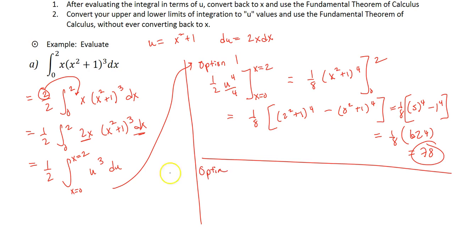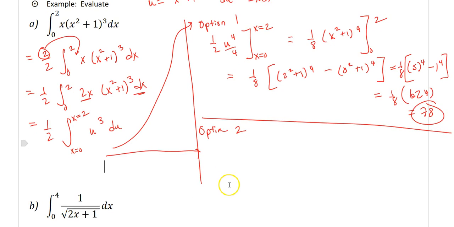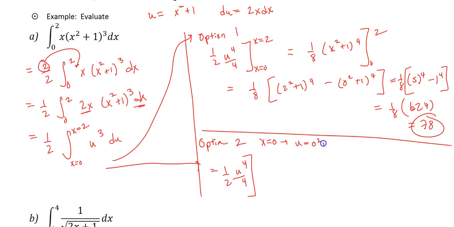Option 2, from here, we can observe that we're going to have that same integral. That's going to be 1/2 times u to the 4th over 4. And instead of just plugging in our bounds in terms of x, we know that when x equals 0, that gives me u equals 0 squared plus 1, because that's our u, which is 1. So this bound is now going to be in terms of u.